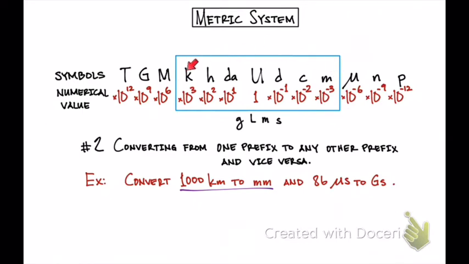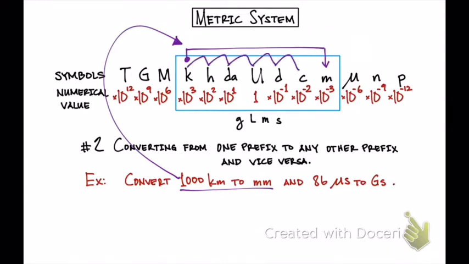So how many steps, how many places would it take us to get from kilo to milli? So from here we have 1, 2, 3, 4, 5, 6. So remember that if you're inside this blue box, the increment is 1, right? It's a single step each time. But once you get outside the box, it increases by 3. All right, so 1, 2, 3, 4, 5, 6.